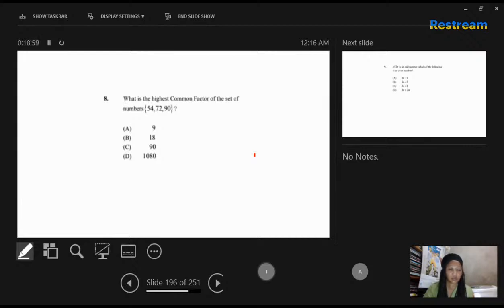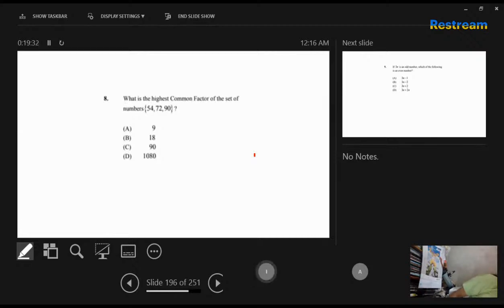So basically, we're finding what the factors are. A factor is a number that can go into another number without leaving a remainder.